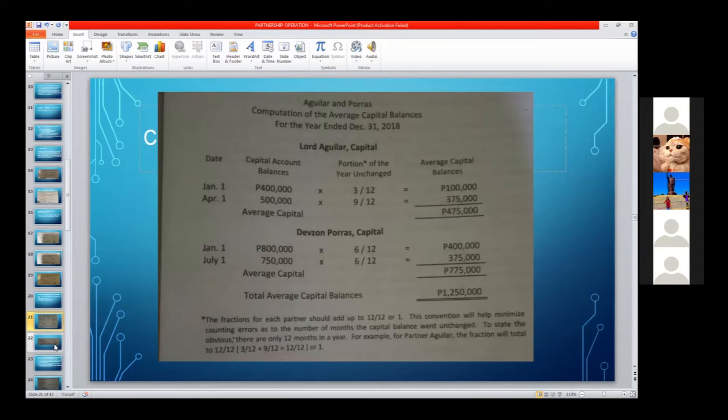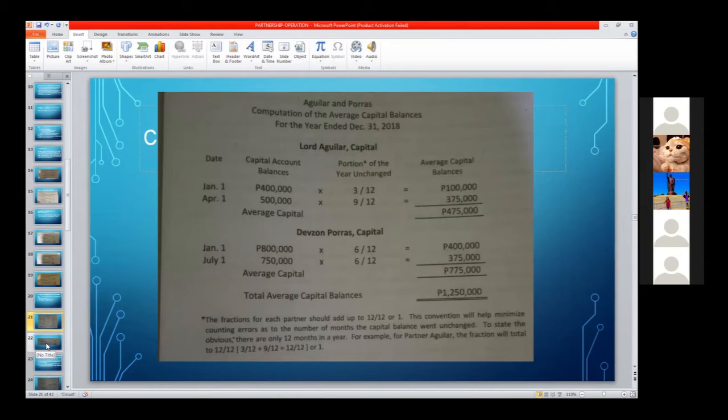So, paano nakuha yung 1,250,000? Simply, you will add the 475,000 ni Aguilar and then yung 775 ni Porras. So, ganyan lang siya. Madali lang naman siya. Kailangan nyo lang maging careful dun sa months, yung portion of the year unchanged. So, kapag sa problem, ang tinanong is yung average capital ng isang partner, yun lang yung isasagot mo.